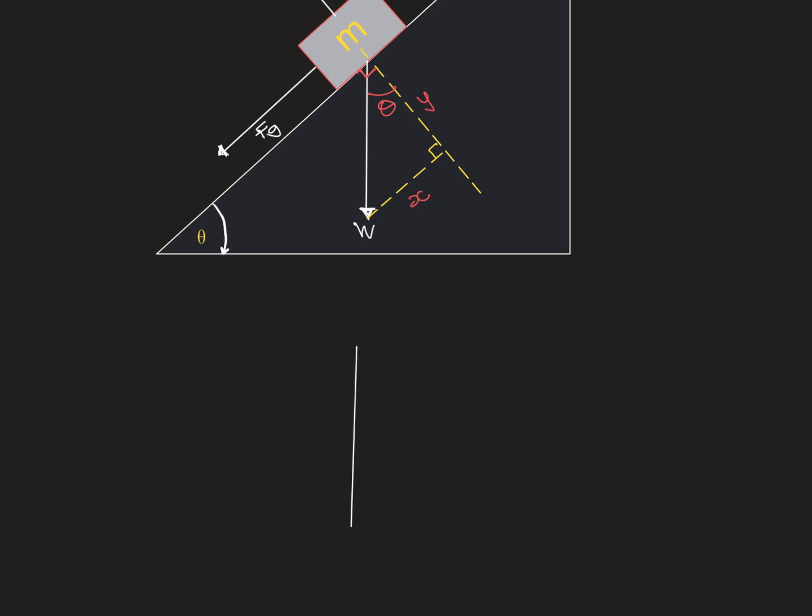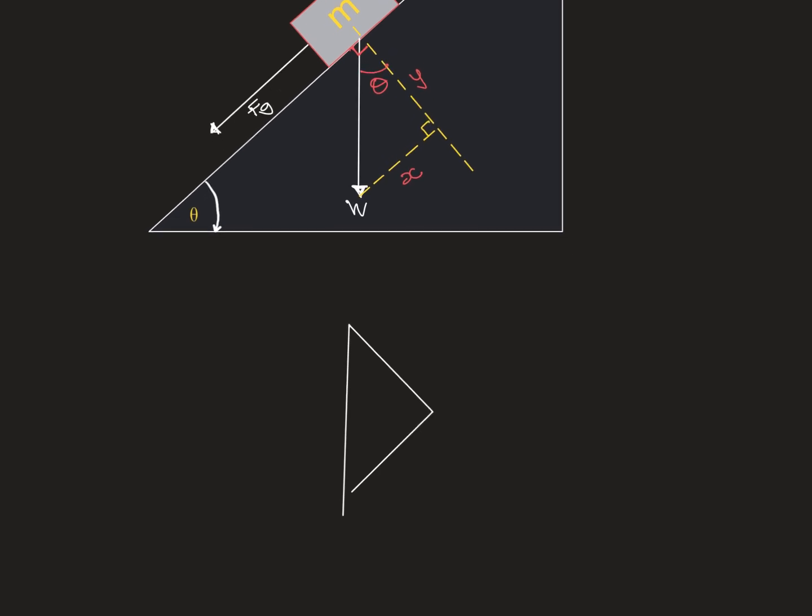We have the weight coming straight downwards. We have Y here, and we have X here, okay? We have the weight, we have the 90-degree here, we have Y, we have X, and we have theta.